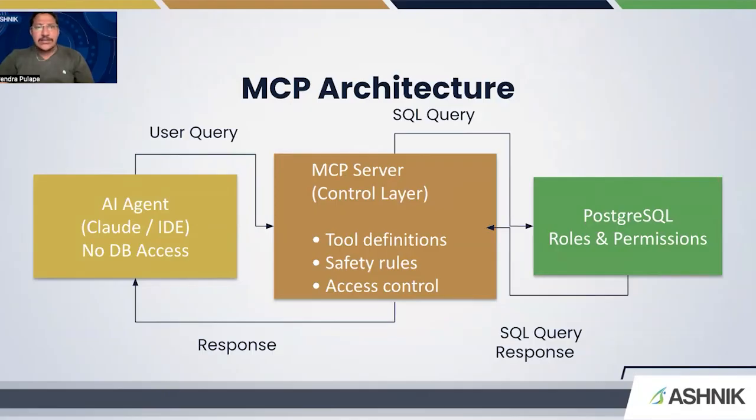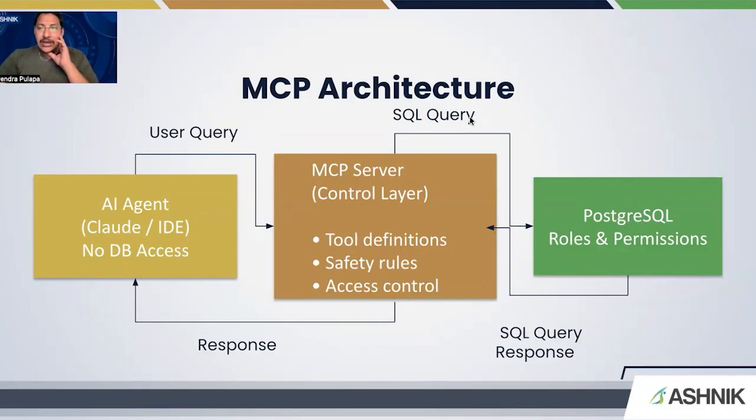Coming to MCP architecture, it's simple. Here in my demo, Claude is my AI agent. From my AI agent, if I ask in natural language, it connects to my MCP server. The MCP server converts my natural language into a SQL query.